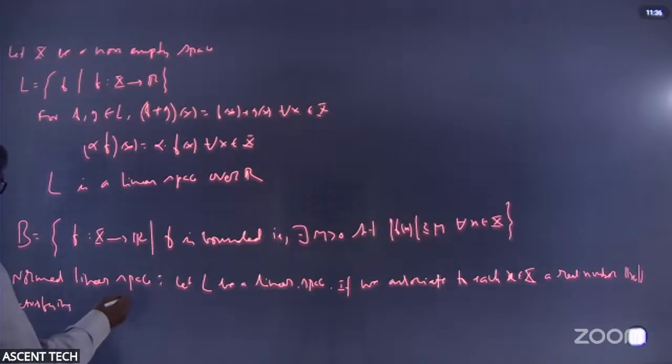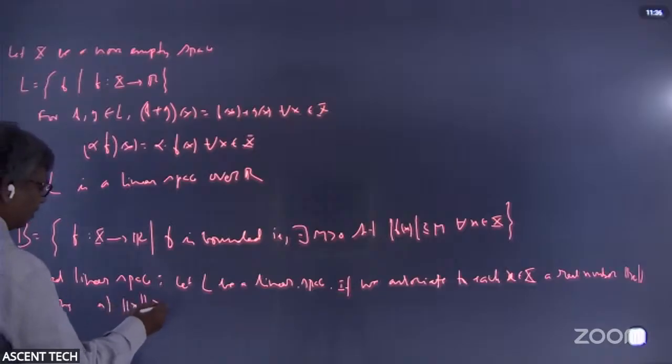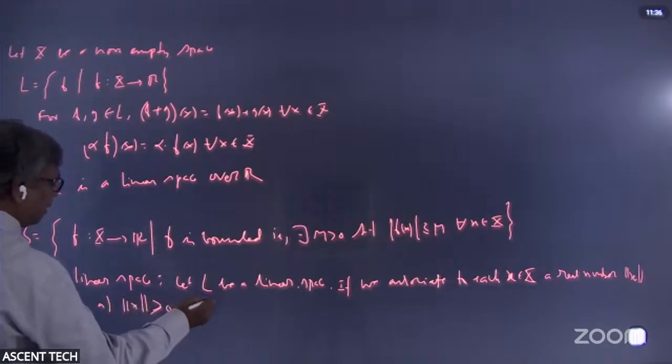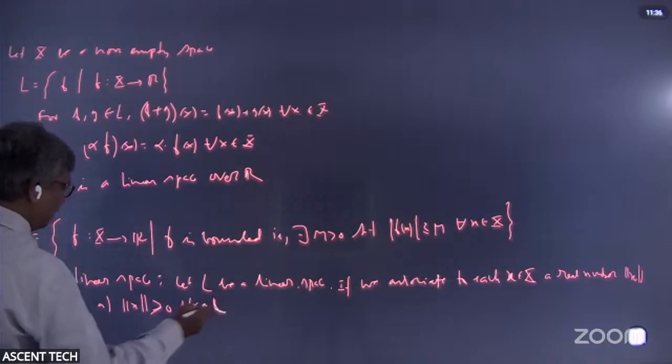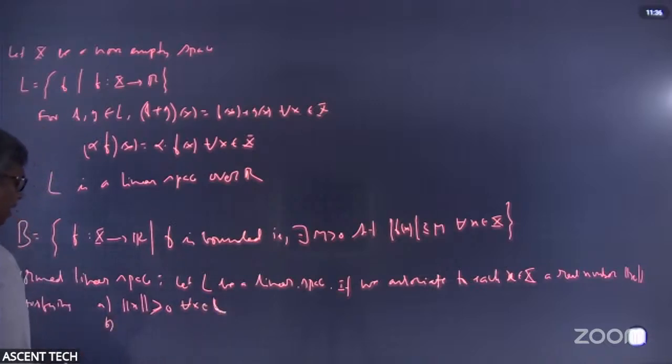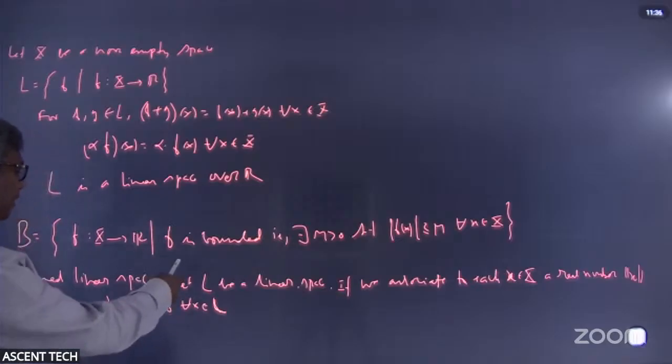Norm is always non-negative for all x in the linear space L. And actually, I will assume that norm is 0 if and only if x itself is 0, there is a null space, right?